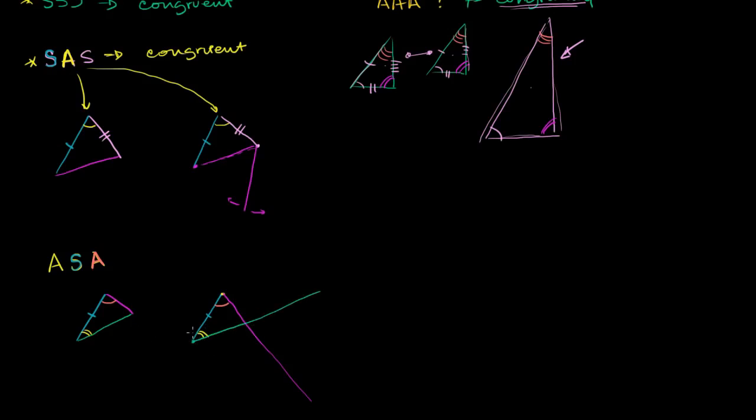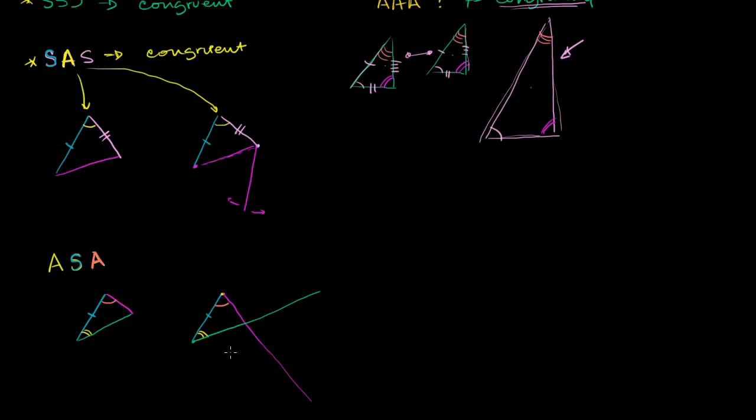Well, once again, there's only one triangle that can be formed this way. We can say all day that this length could be as long as we want or as short as we want, and this one could be as long as we want or as short as we want. But the only way that they can actually touch each other and form a triangle and have these two angles is if they are the exact same length as these two sides right over here. So this side will actually have to be the same as that side, and this would have to be the same as that side.